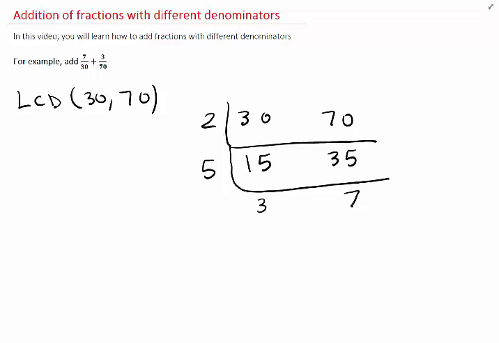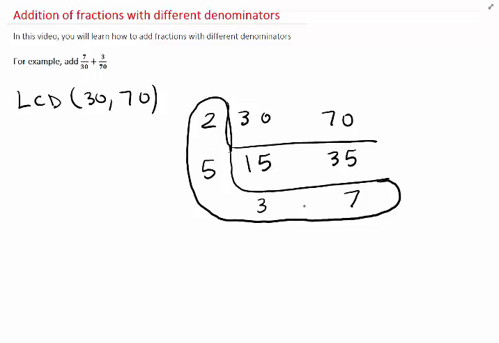And now I'm ready to show you what the least common denominator is. Remember, we started with the letter L, least common denominator. And here is your least common denominator. I'm going to circle those numbers using the letter L. Don't forget about the letter L. The numbers inside the letter L make up your least common denominator.